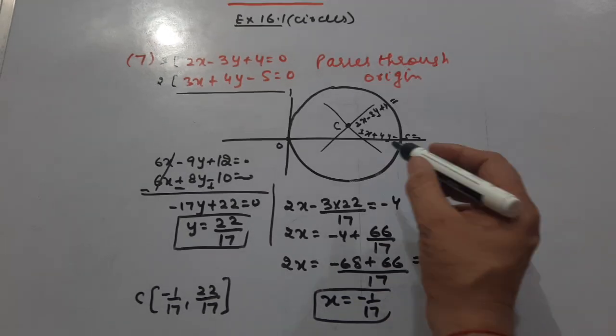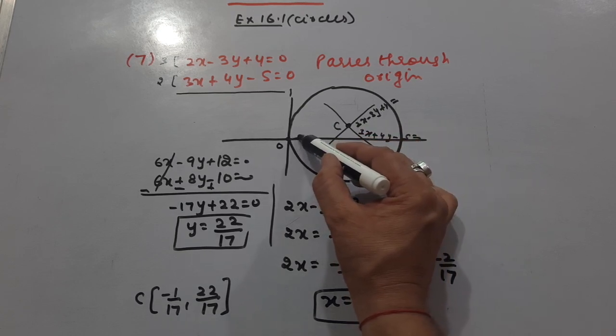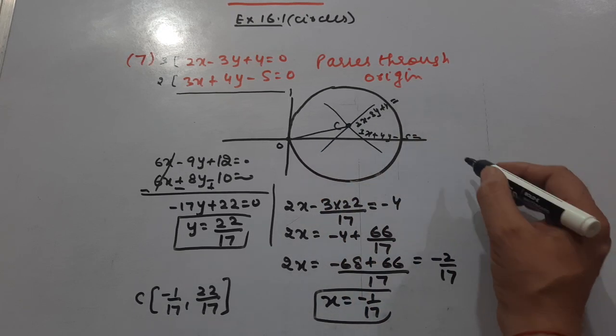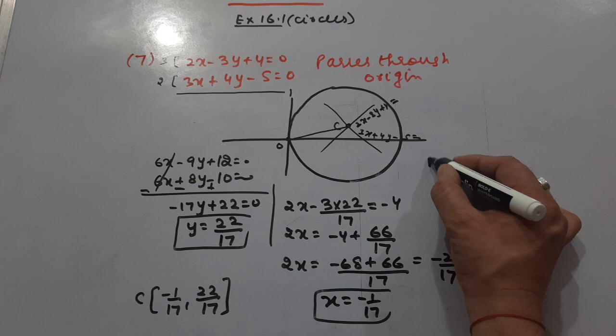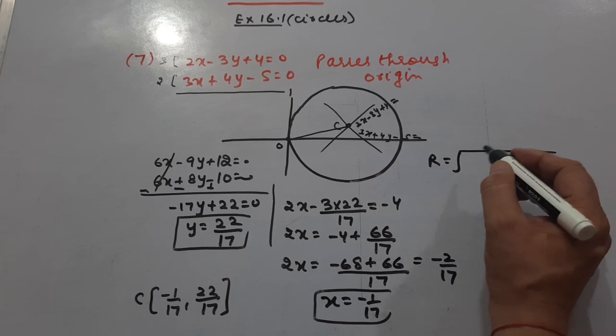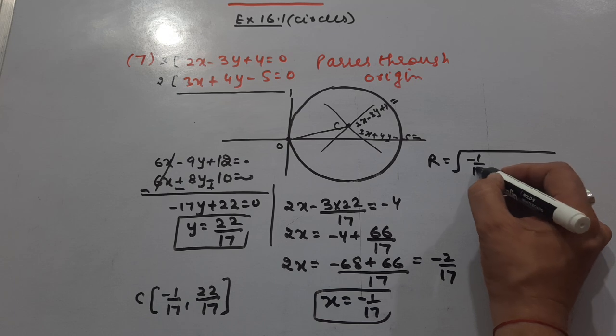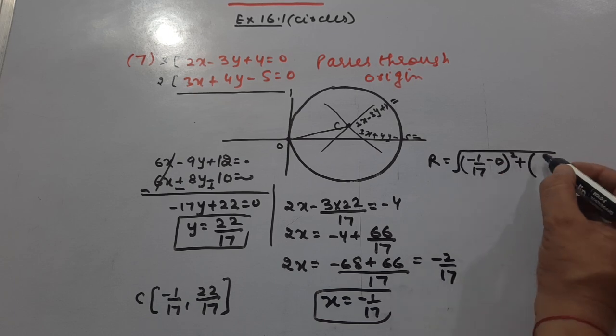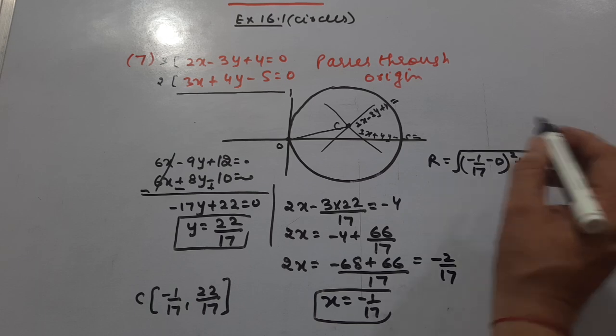Now this is the radius of the circle if I join this point. So the radius equals the square root of (minus 1 by 17 minus 0) whole square plus (22 upon 17 minus 0) whole square.